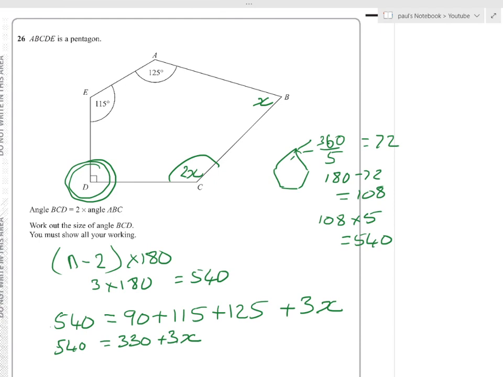So 540 take away 330 equals 210. 210 equals 3x. Divide that by 3, so x equals 70. 2x equals 2 times 70, which is 140, and BCD equals 140. That's where I went wrong. I forgot the 90.